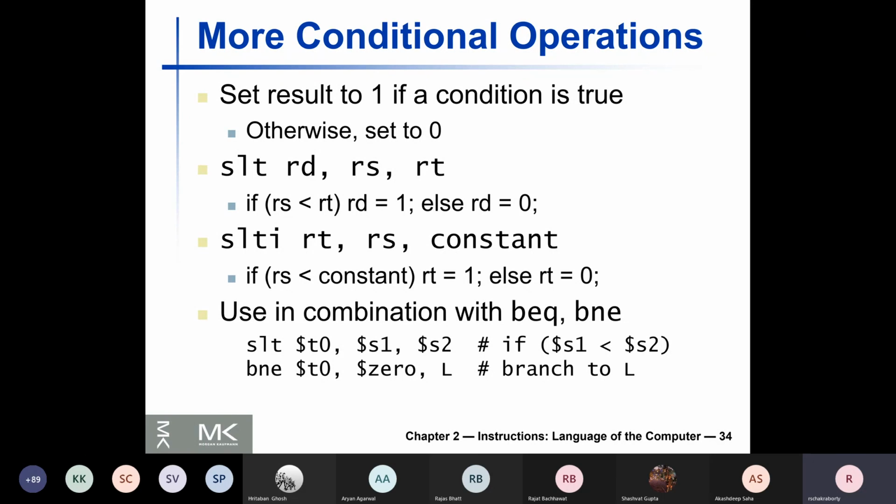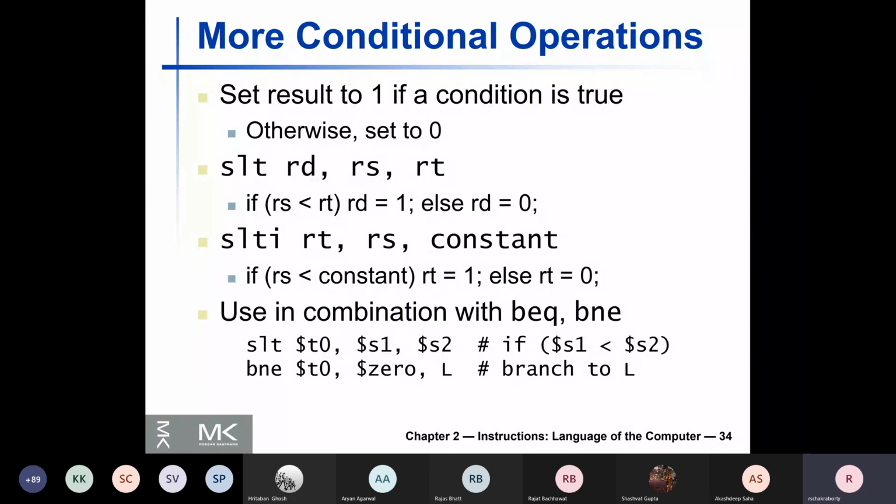That means the contents of RS and RT are interpreted to be 2's complement numbers. They are compared. If RS is smaller than RT, then RD is set to 1, else RD is set to 0. This is exactly the C if-else code corresponding to what the SLT instruction does. RD is the destination register, or the result register.